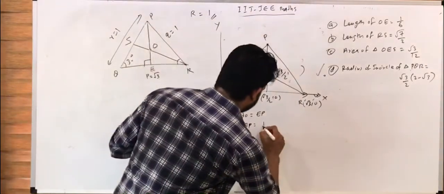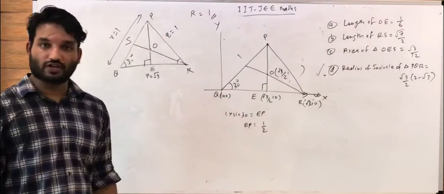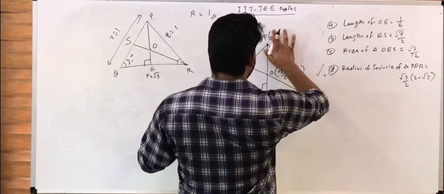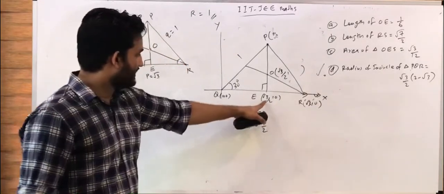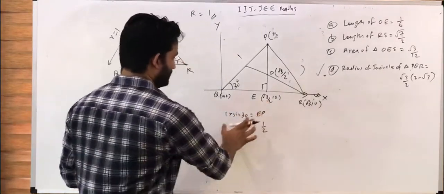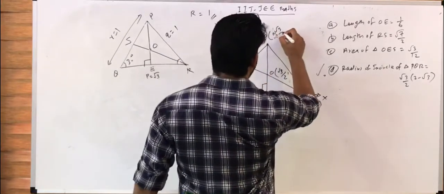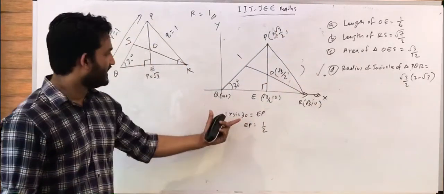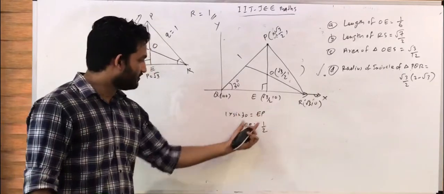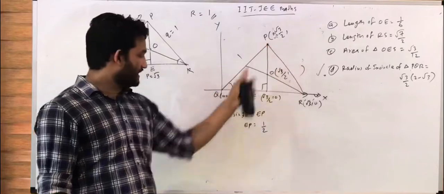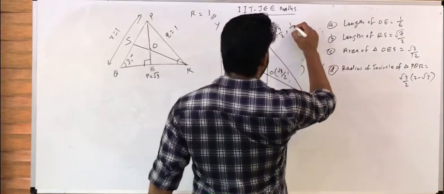That is 1 by 2. The x coordinate is the same as E, so root 3 by 2. For the y coordinate, EP is the y coordinate of point P, so we get 1 by 2.